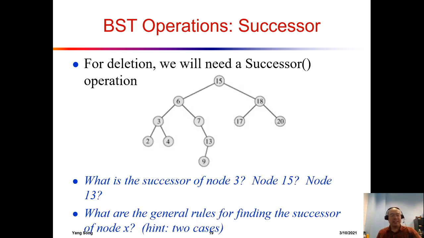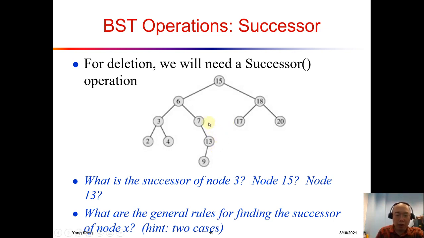Okay, it sounds hard. So let's say we have the 13. We want to go up and find the ancestors of 13, and we want to find an ancestor of 13 whose left child is also an ancestor of 13.